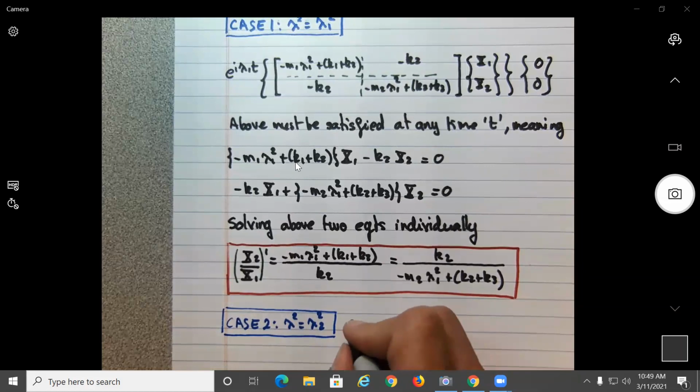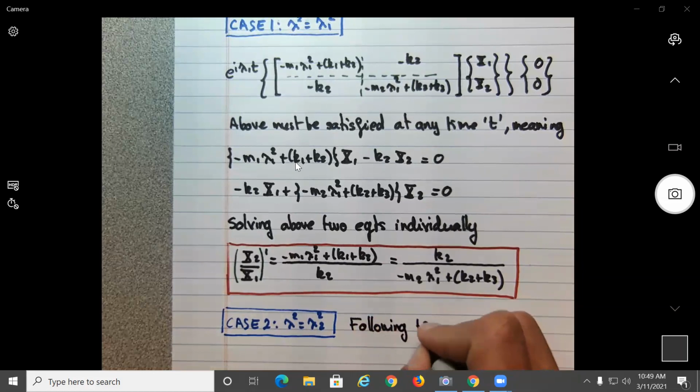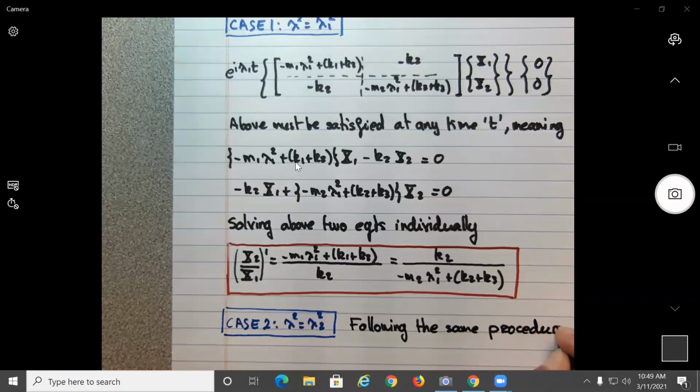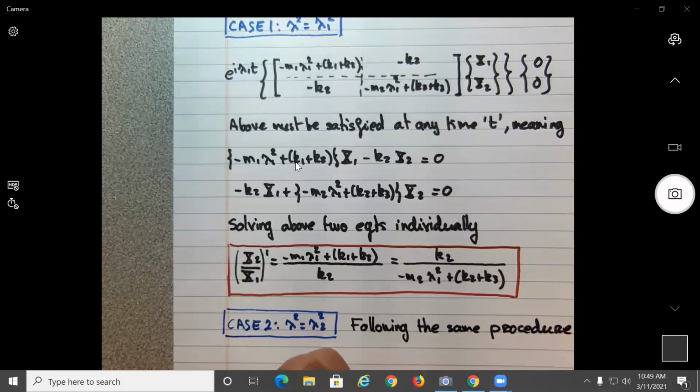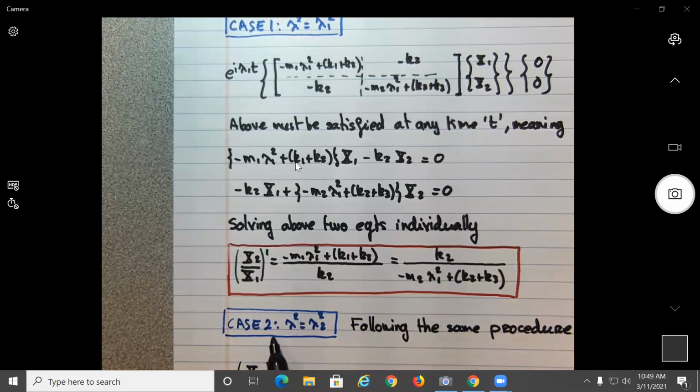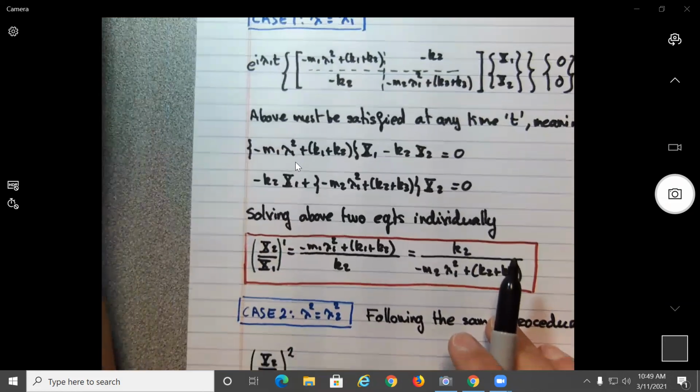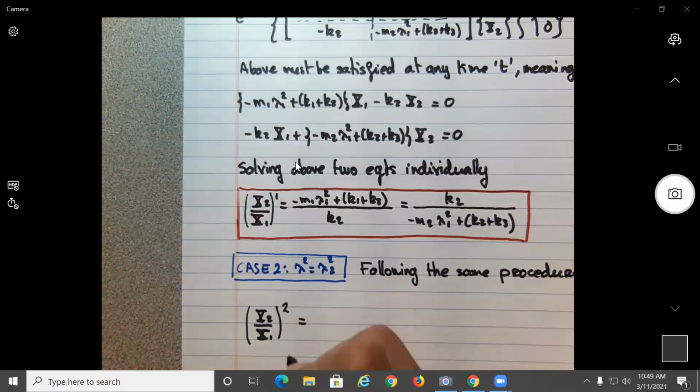Following the same procedure, you're going to get capital X2 divided by capital X1. But this time I'm going to add the 2 over here to show that it's related to this eigenvalue.